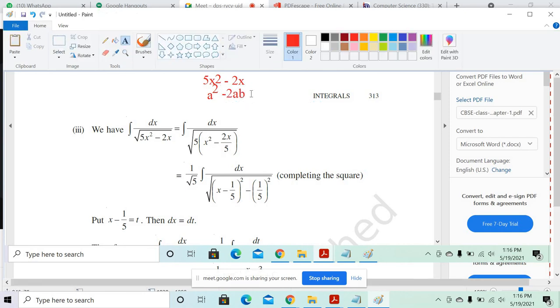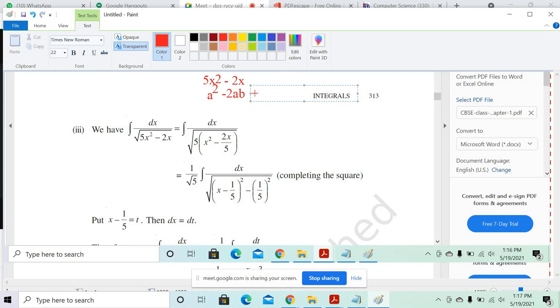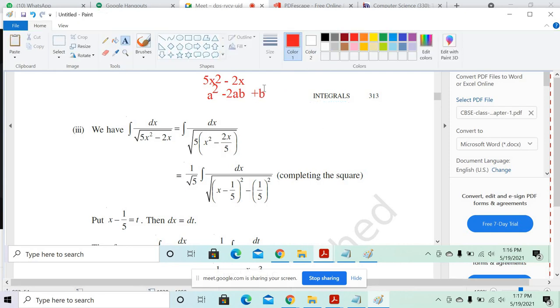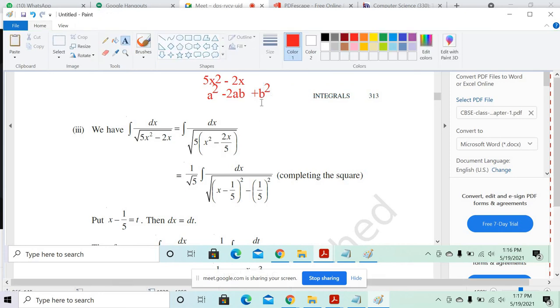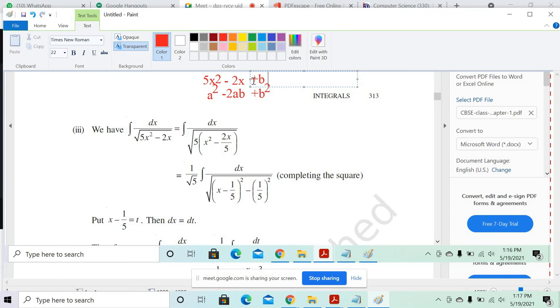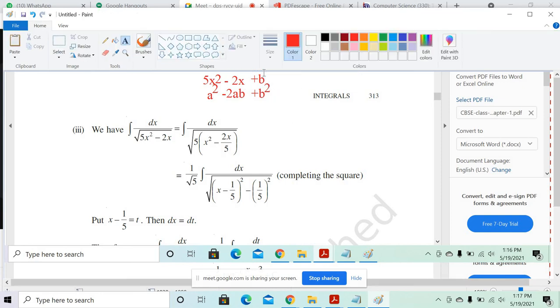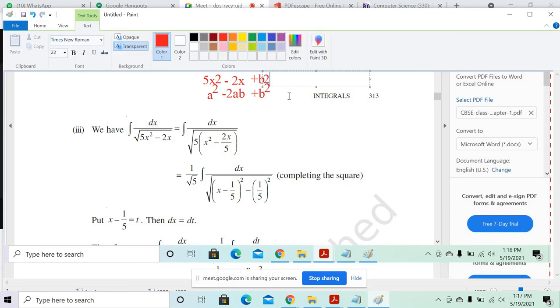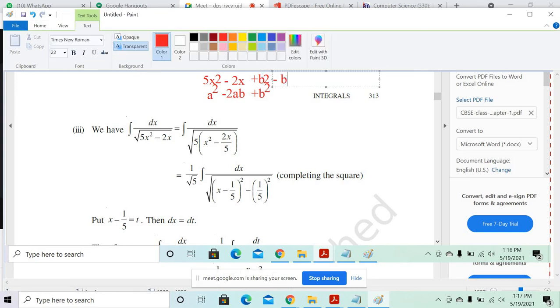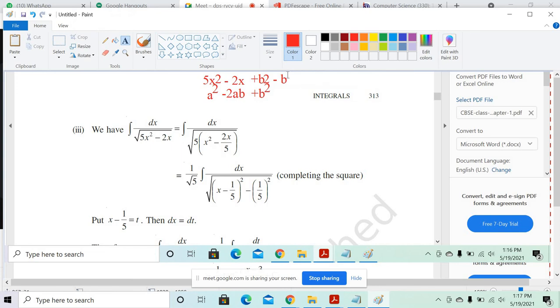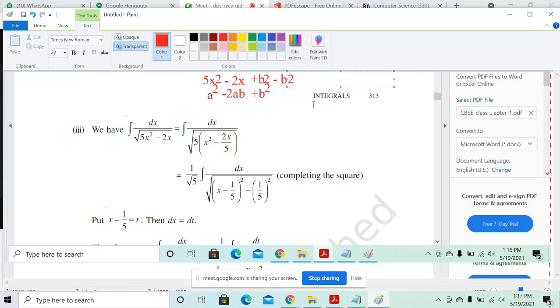Fine. What do we need? We need b square to complete the square, right? So here I need to add plus b square minus b square. Then only we can do completing the square, right?